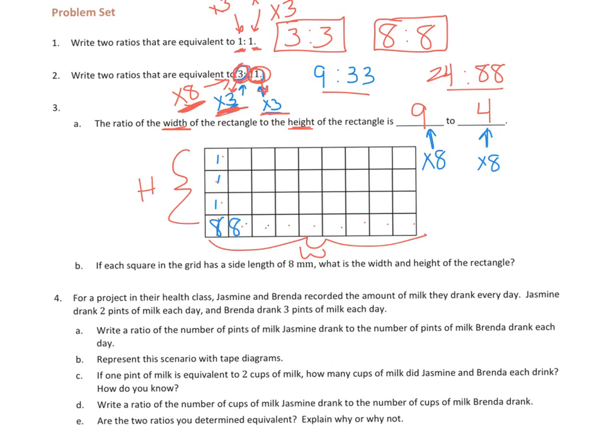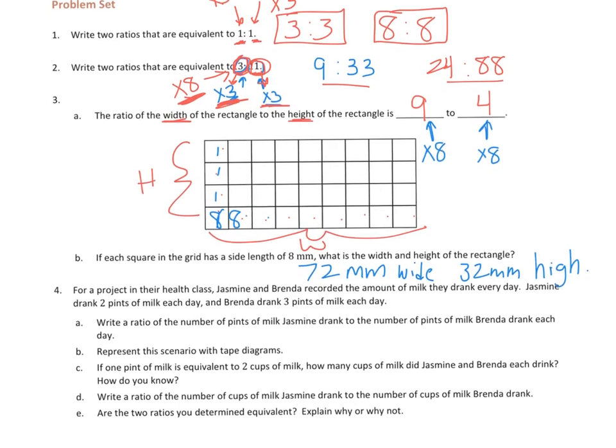So 9 times 8 is 72, and that's going to be millimeters because it's not looking for a ratio, they're looking for a measurement. So 72 millimeters wide, and my height is 32 millimeters high. And again, those are equivalent ratios because we have our units of 9 to 4, and then we made our measurements by saying how much each of those units is worth.